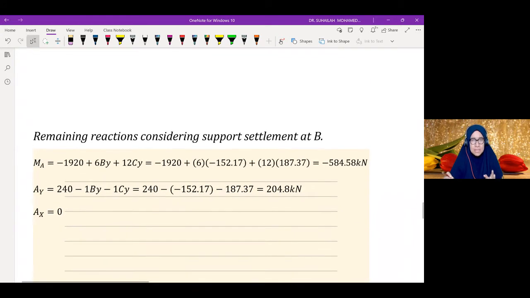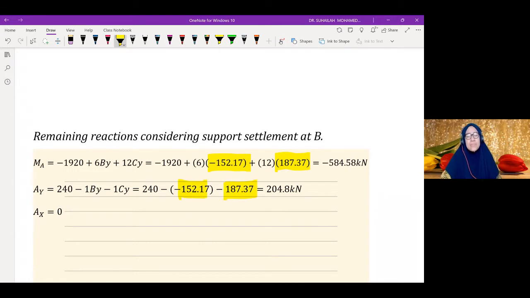So the same step, we just need to change the redundant value. So the rest are all the same.